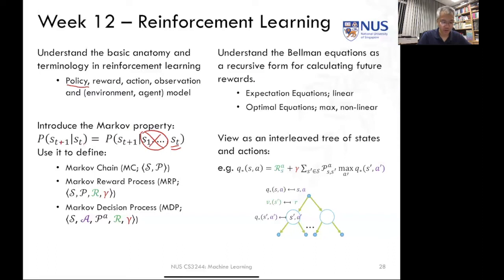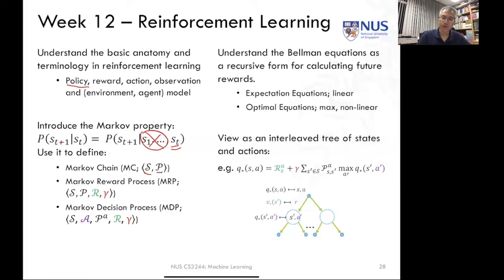We use this to define the Markov chain, which is a series of states and a probability matrix, then a Markov reward process that introduces rewards and some type of exponential decay for future rewards, and then a Markov decision process, where now the state probability matrix is based on a decision made by the agent, and the agent has a selection of different actions it can take.